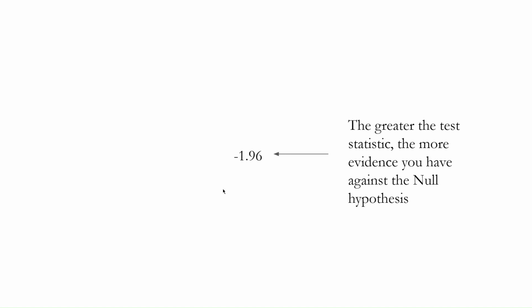If you have -0.2 or +0.2, that means you have very little evidence against the null hypothesis. So the bigger the number, the further the number is from 0, the higher chance you have of rejecting, of saying that the null hypothesis is wrong, the claim is wrong. So the bigger the number, the more evidence you have, basically.